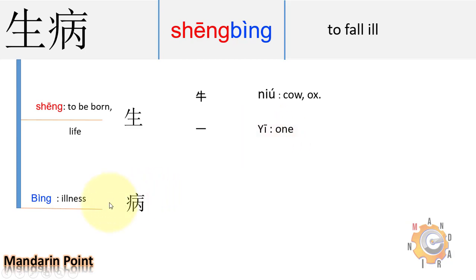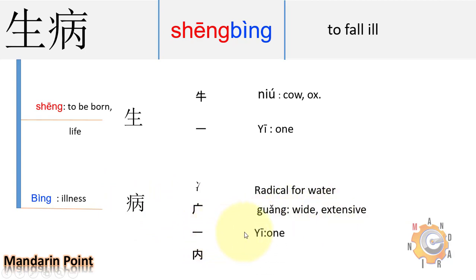Now let's decompose this bing. Outer left, this one, and then inner one, this inner top, inner bottom. This one is radical for water, right? And this one is guang, which means wide or extensive.